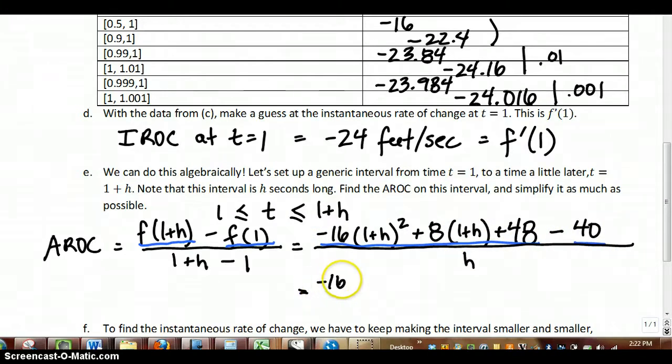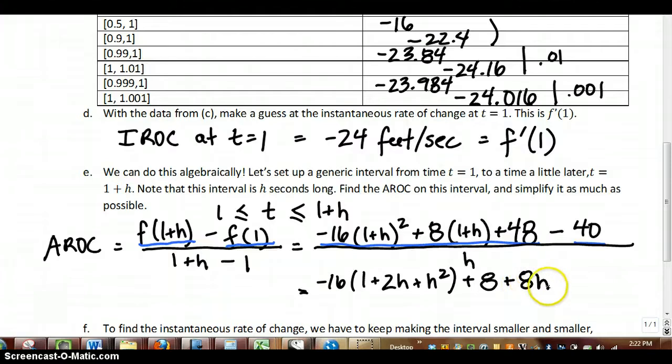That'll be negative 16 times 1 plus 2h plus h squared. I suggest that you FOIL it out to check me. And I can distribute the h here. So this is h plus 8 plus 8h. Plus 48 minus 40, I think that just means plus 8.